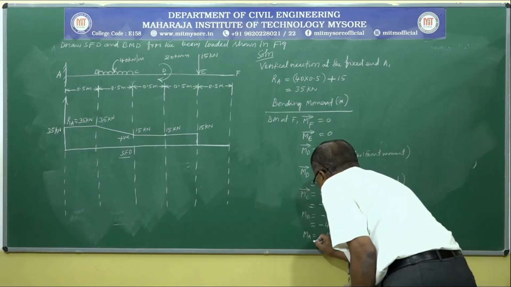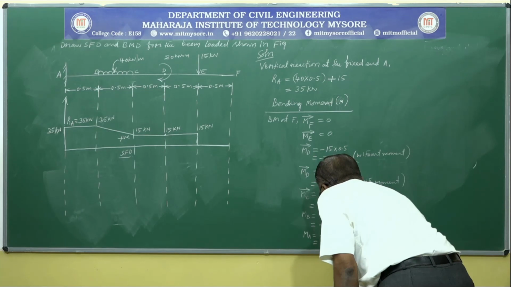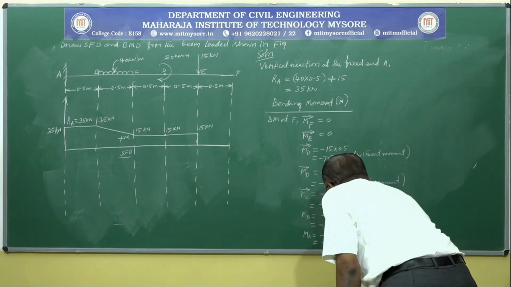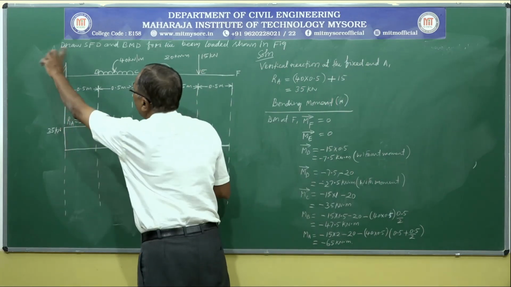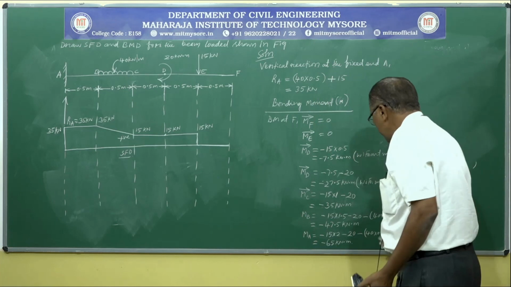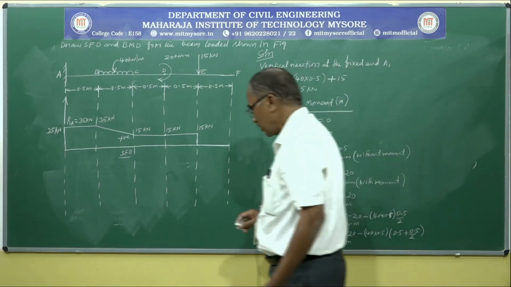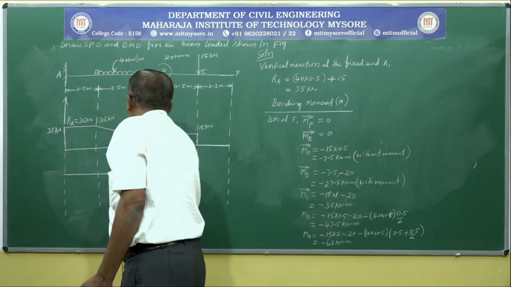That is equal to minus 65 kilonewton meter. There will be an opposing moment at the fixed end, so the other value will be 0, it is understood. Now, draw the bending moment diagram.